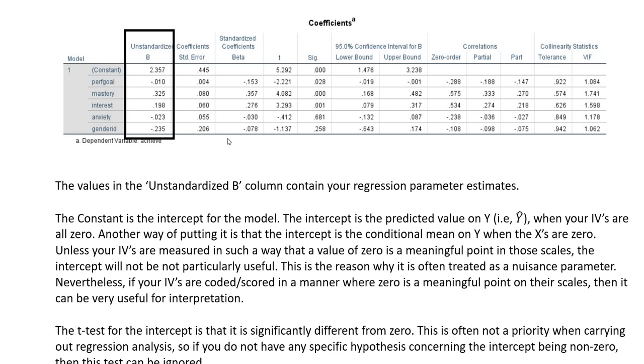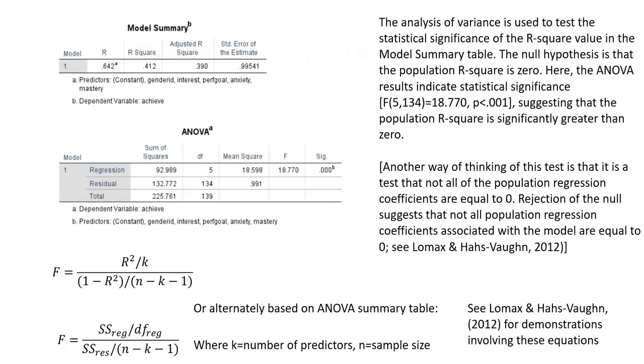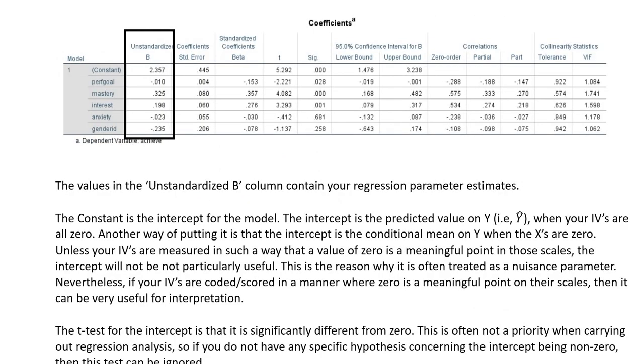So altogether, we can say that as a set, the predictors accounted for statistically significant variation in the achievement dependent variable, but of those predictors, it looks like performance goals, mastery goals, and interest are largely driving that association. You can see right here the standard errors associated with the unstandardized coefficient.